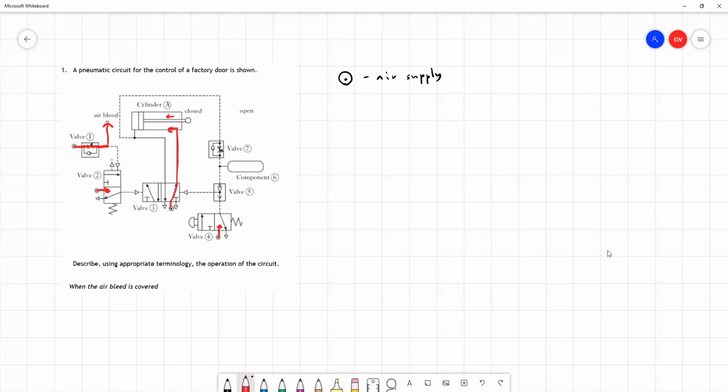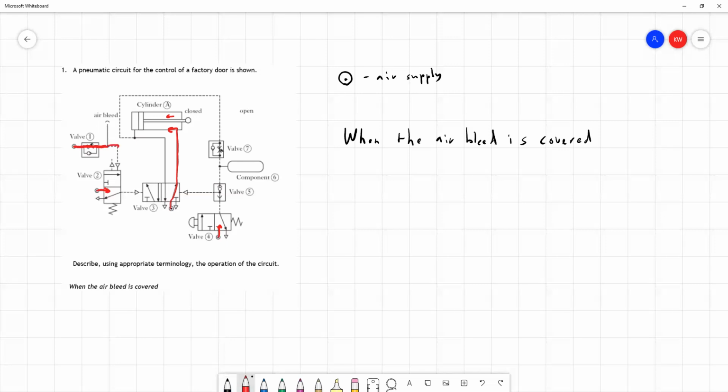When describing things, you can just give a written description. So I'll write out over on the right-hand side here, the first line we're given. When the air bleed is covered, the first thing that will happen is we'll no longer have air coming out the top of the system.